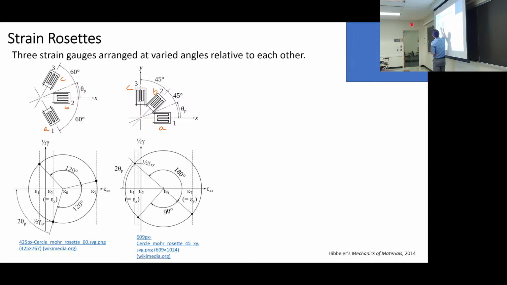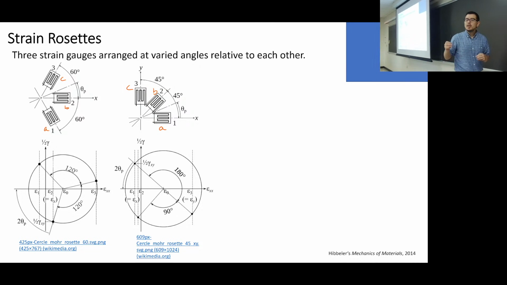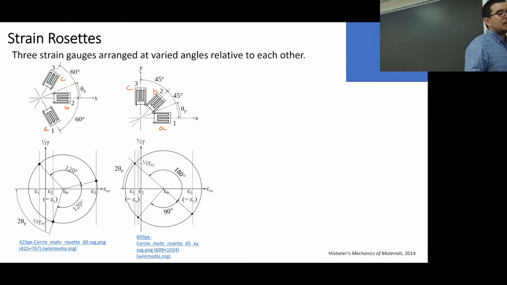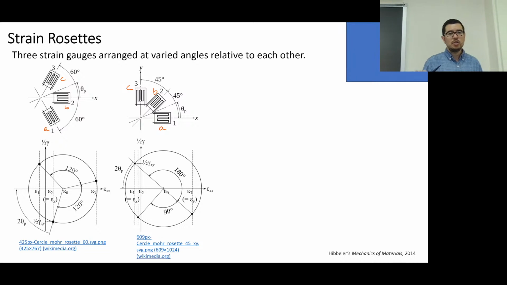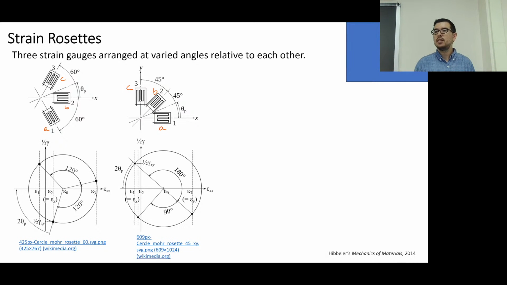Gauge 3 is going to be telling you the strain in the y direction, and gauge 2 is going to be telling you the strain at 45 degrees. Or the one on the left: A is minus 60, B is in the x direction, and C is positive 60. So these are the two common strain rosettes that you'll find.